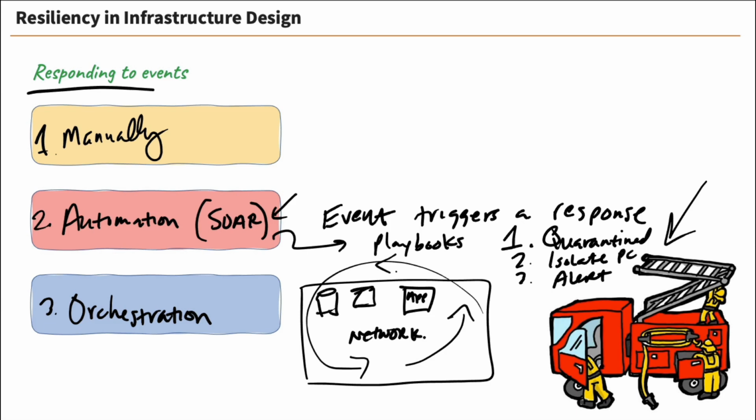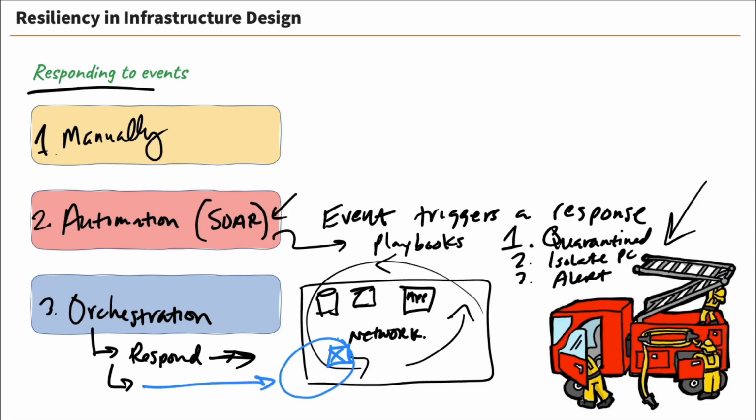So when something happens, the orchestration platform can then respond to that event, looking at the entire environment and making decisions based on how the environment is reacting to its response and the events that are happening. So if a response is triggered and it goes out and it responds, and then something else happens in the network because of the response, well, then we can have a second response that happens to take care of this. And the idea is the orchestration platform has some intelligence built into it, whereas the automation platform really doesn't.